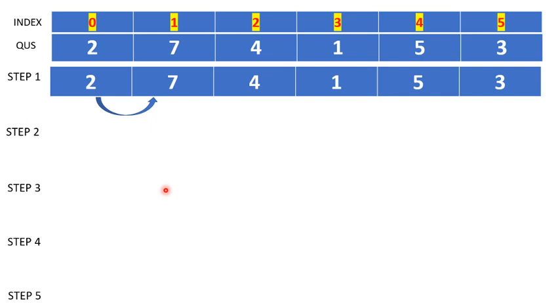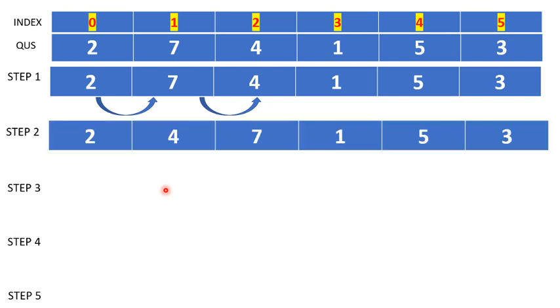No, so we will move further. Now index 1 will be scanned. Now in index 1 and 2, 7 and 4, is swapping required? Answer is yes, because 7 is larger than 4. So we will do swapping. So our list is 2, 4, 7, 1, 5, 3.